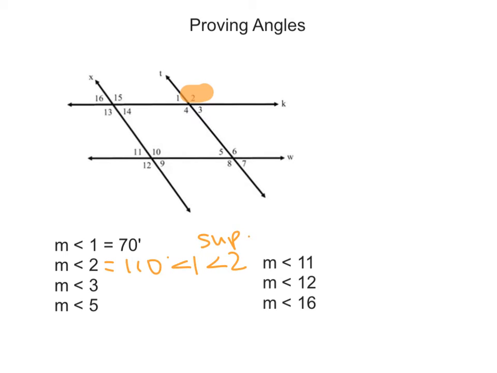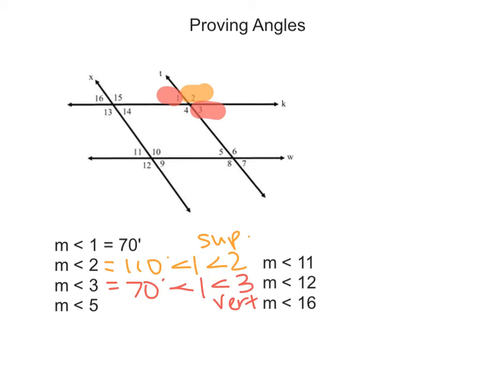I'm going to abbreviate that for you. Then I could look at angle 3, and I can see that angle 3 is across from angle 1, which makes them vertical, and vertical angles are equivalent. So I know that angle 3 is 70 degrees because angle 1 and angle 3 are vertical.